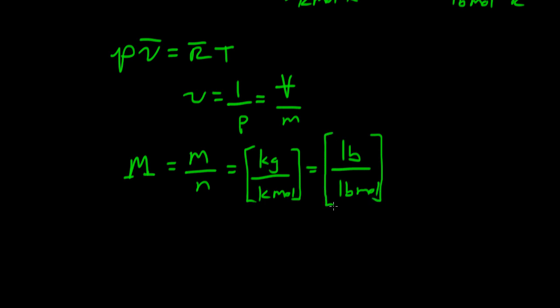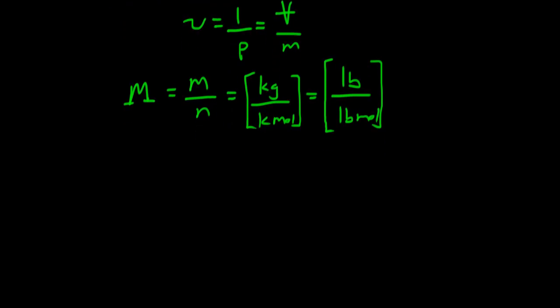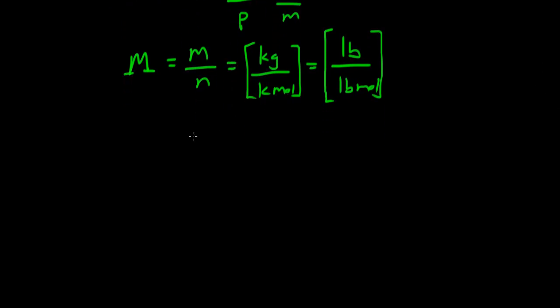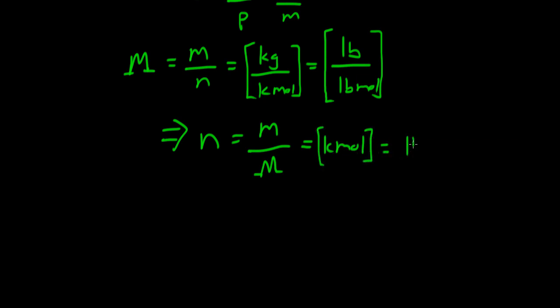Note that a pound mole and a kmol are a unit that is not pounds times moles or kilograms times moles. Rearranging the definition of molecular weight, we can compute the amount of substance. The amount of substance is the mass divided by the molecular weight, which gives us an answer in kmol or pound mole.